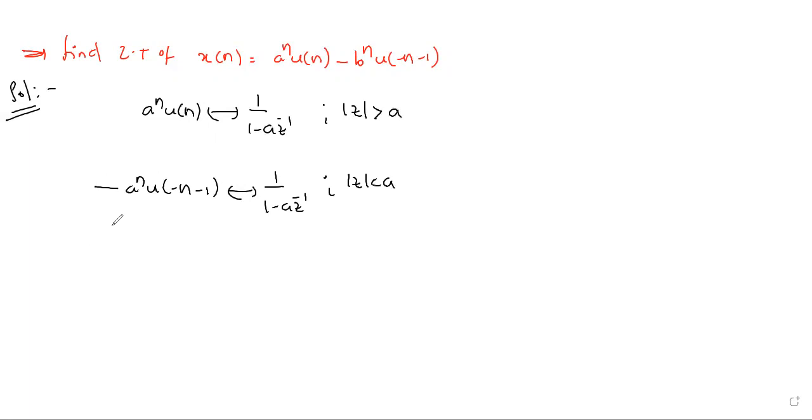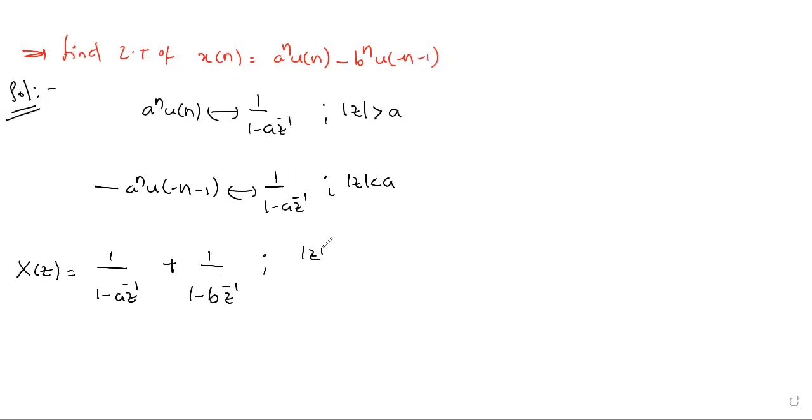Now the combination, right? Here X of z, what I have to write? X of z, then a power n into u of n Z transform minus Z transform of this signal. Even if you take standard definition also to solve this problem, like how we solved in these two cases. So the first Z transform is 1 by 1 minus a z inverse, minus b power n u of minus n minus 1, what is its Z transform? 1 by 1 minus b z inverse.